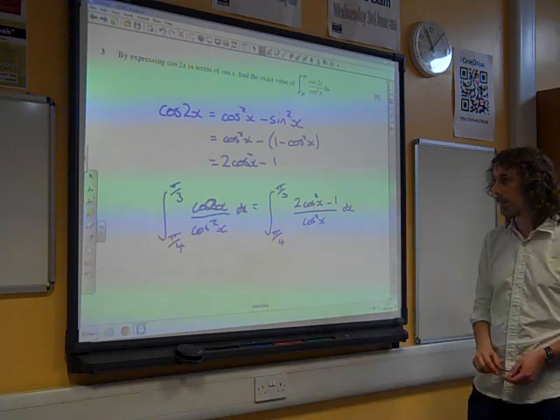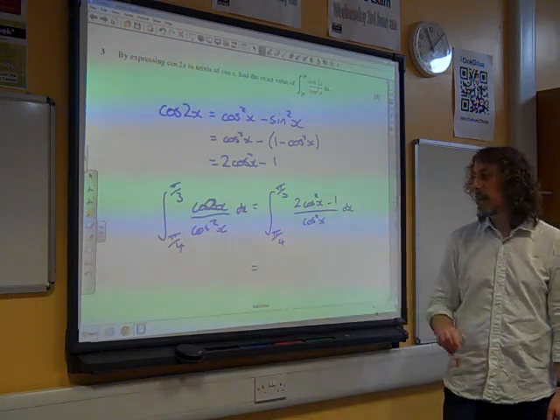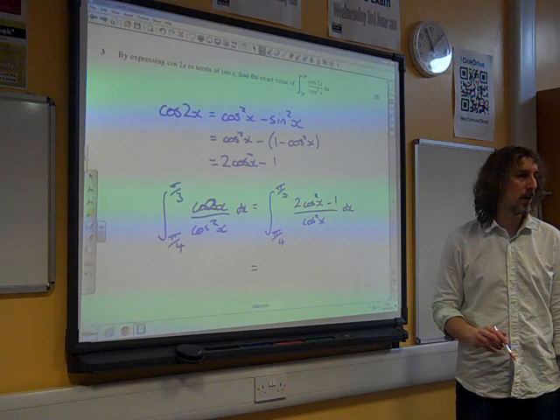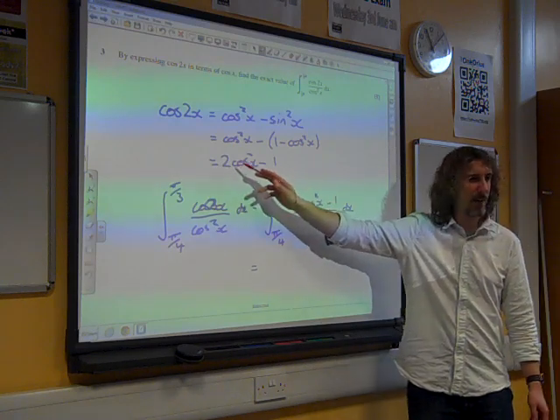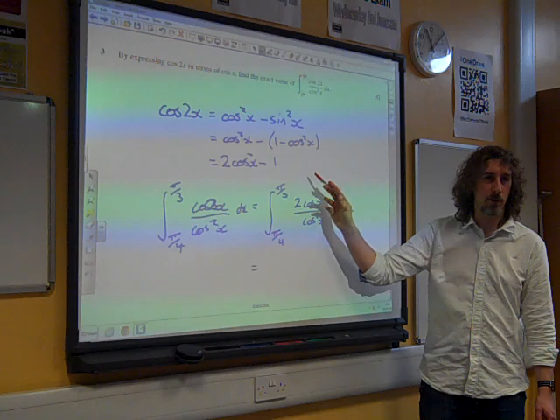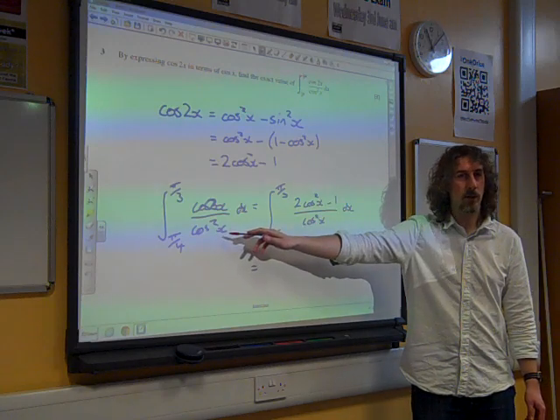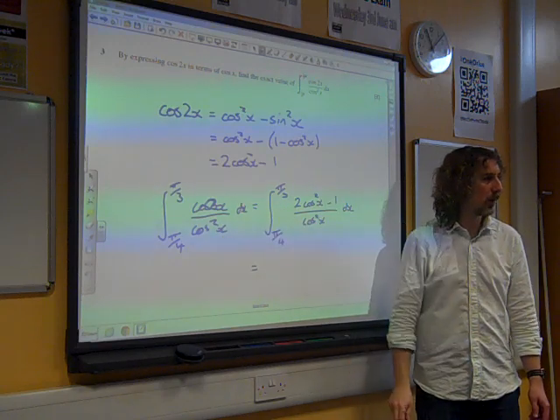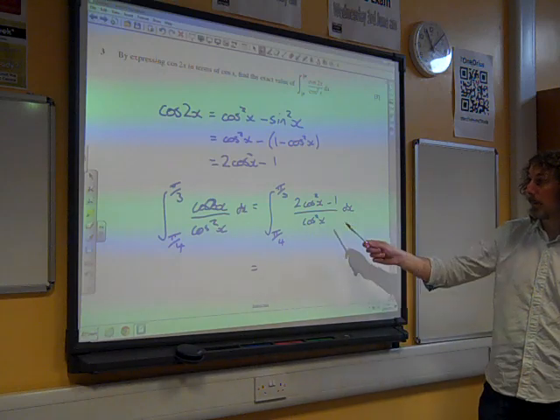I reckon that quite a few people with this question will have made life more difficult for themselves by going from here to saying cos squared x equals, and then replacing the cos squared x. That makes it a much more difficult question to proceed with.